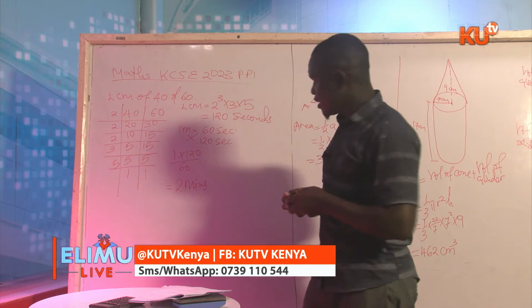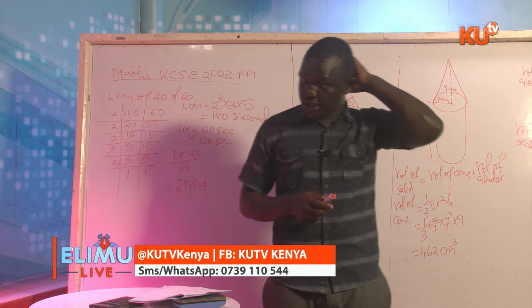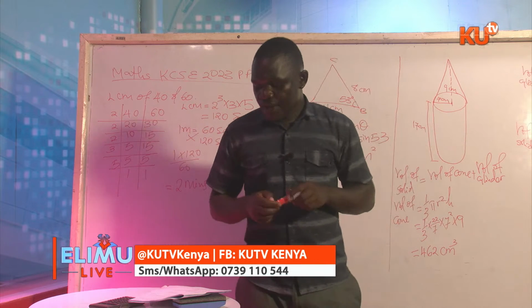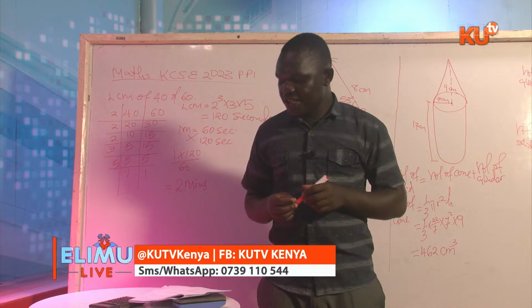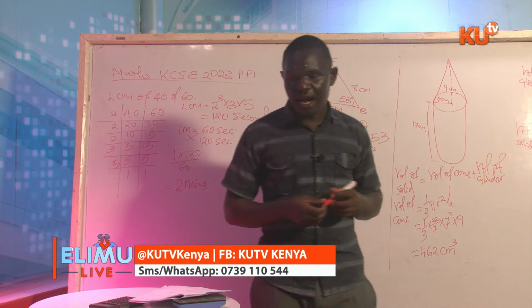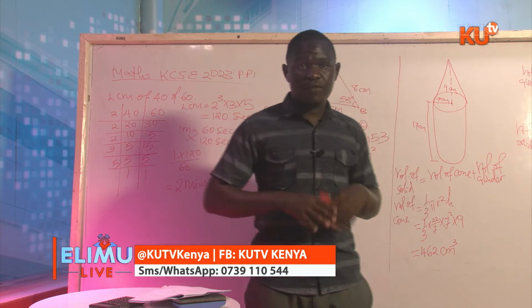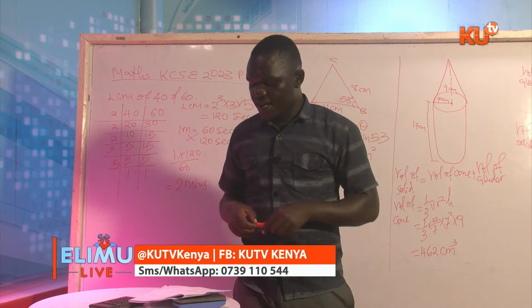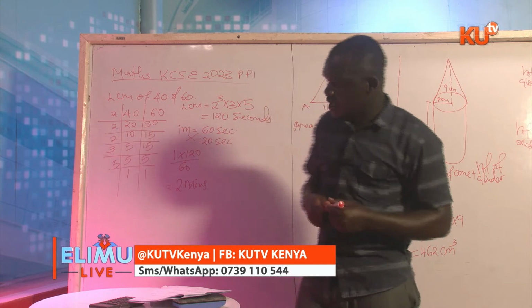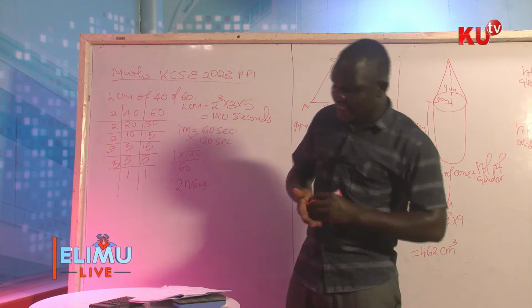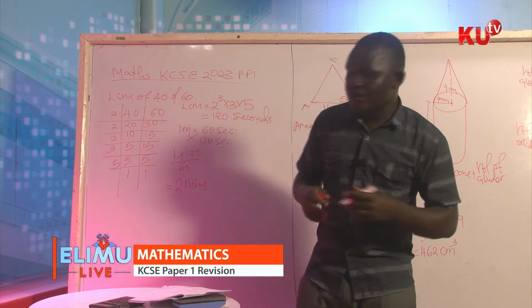Now, part B of the question, let's check. The number of times they will light together in the first half of an hour. So first of all, let's understand this. What is first half of an hour?